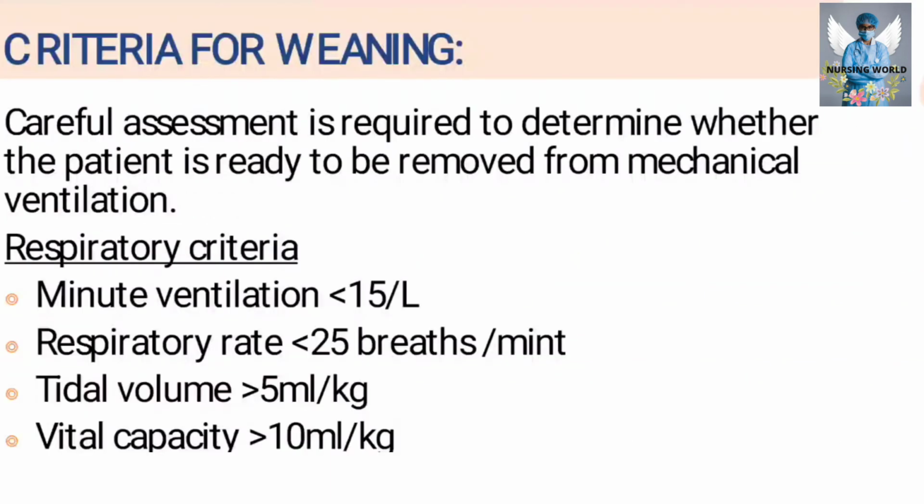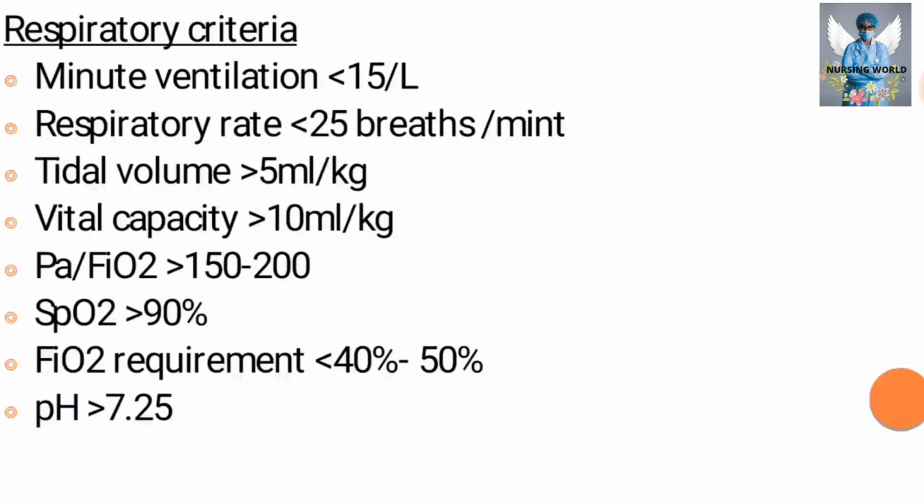Next, we need to see the criteria for the weaning. A careful assessment is required to determine whether the patient is ready to be removed from the mechanical ventilation. In respiratory criteria, we need to see that minute ventilation is less than 50 per liter and respiratory rate less than 25 breaths per minute, tidal volume more than 15 ml per kg, and vital capacity is less than 10 ml per kg.